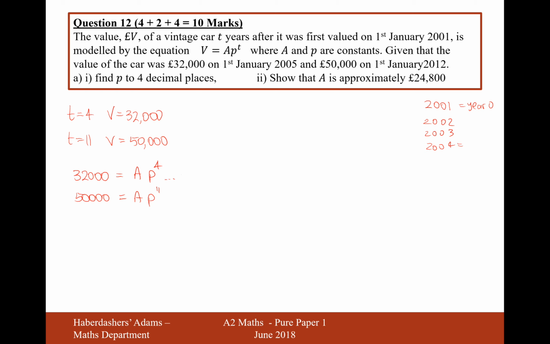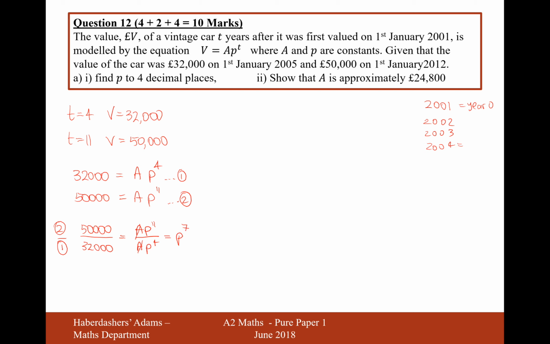Now I can use these as simultaneous equations, and do equation 2 divided by equation 1. That gives me 50,000 over 32,000 equals ap to the 11 over ap to the 4. We can see that the a's will cancel out, and using our rules of indices we get p to the 7.